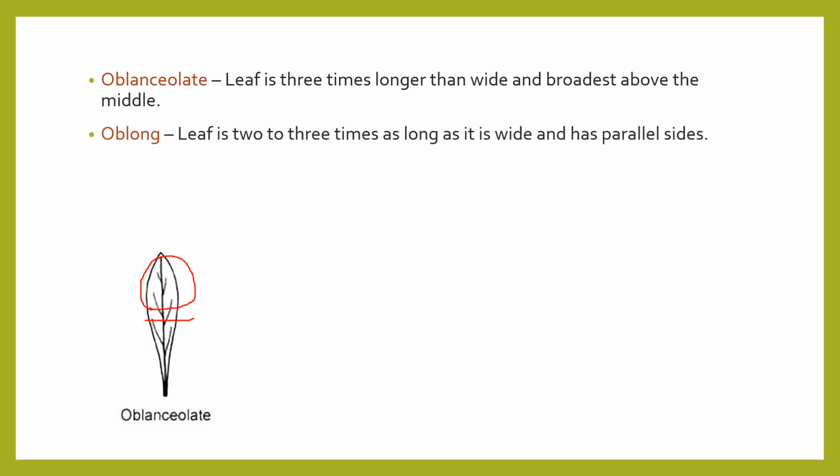Also here, oblong. An oblong leaf is 2 to 3 times as long as it's wide and has parallel sides, like this one.